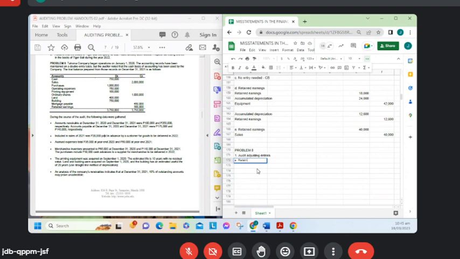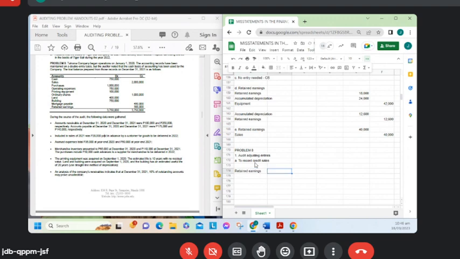So there is understated retained earnings in 2020. I'll put a credit here, to record credit sales. So retained earnings credit supposedly.